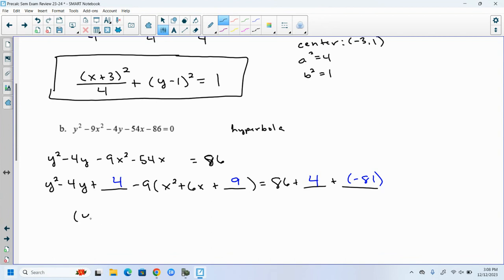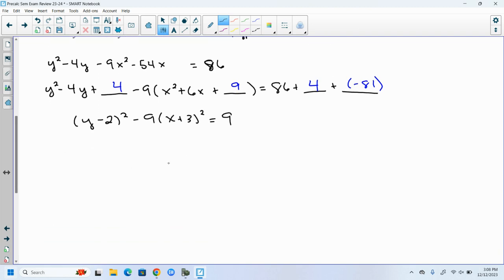This will become y minus 2 quantity squared minus 9 times x plus 3 squared equals, all right, we will end up with 9 over here. Got to equal 1. Divide everything by 9.